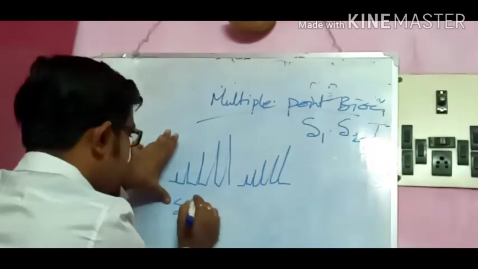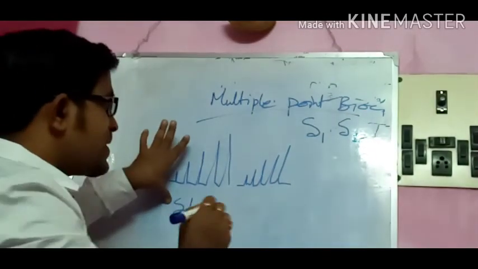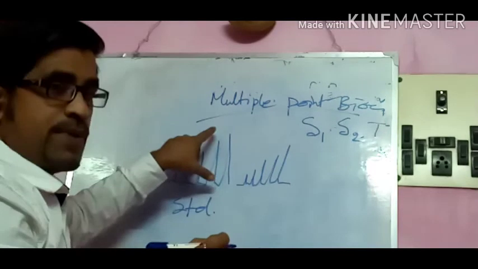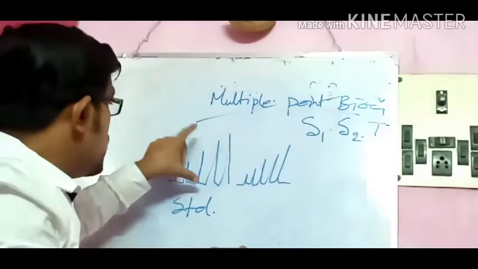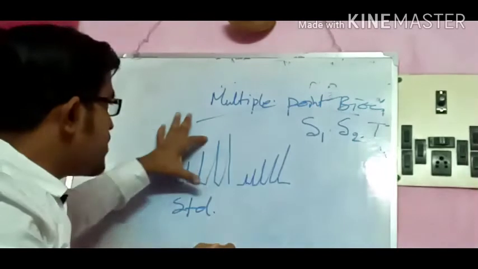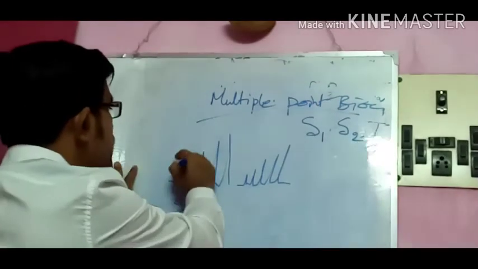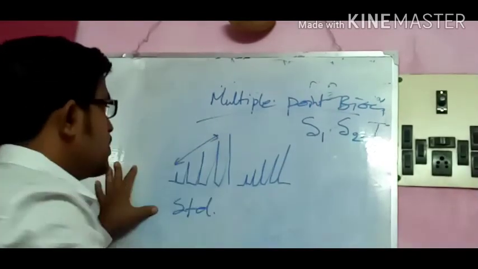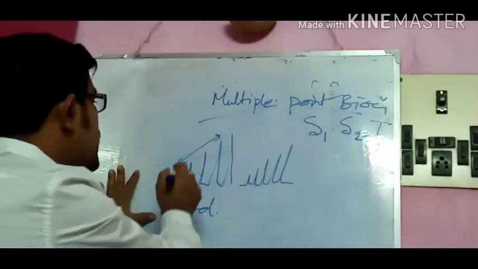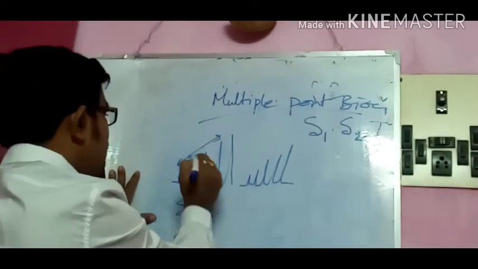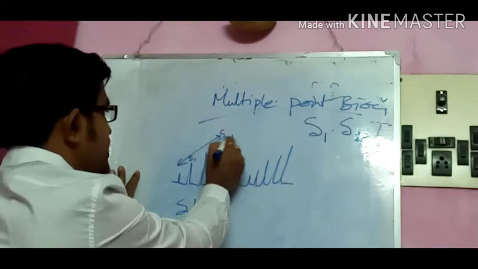This is the standard DRC. Remember, don't select any dose which gives 100% response. Try to select the sub-maximal doses, meaning from here to here you can select the dose. Suppose you select S1 here and S2 here.